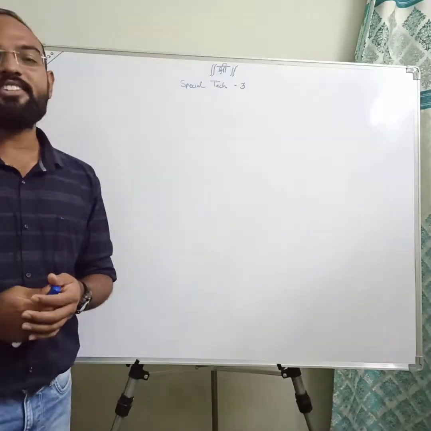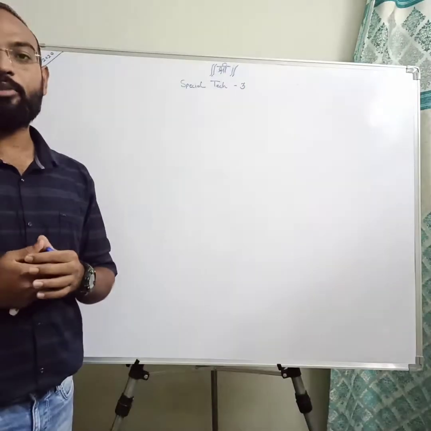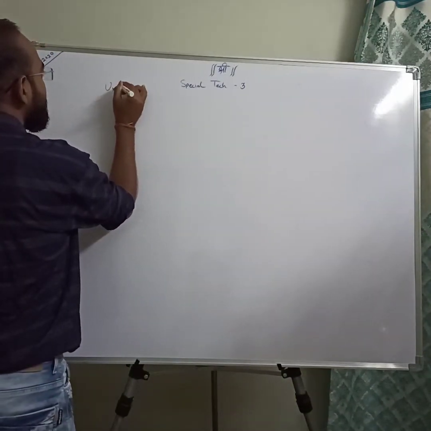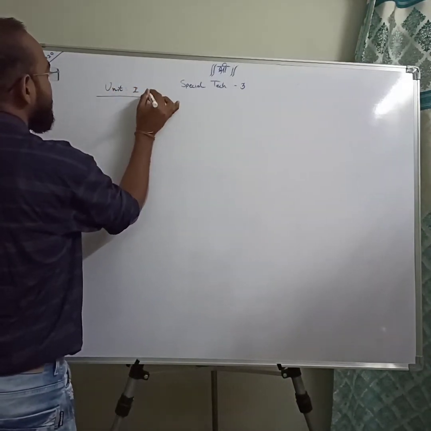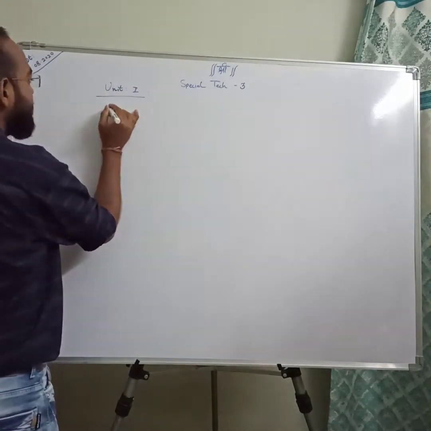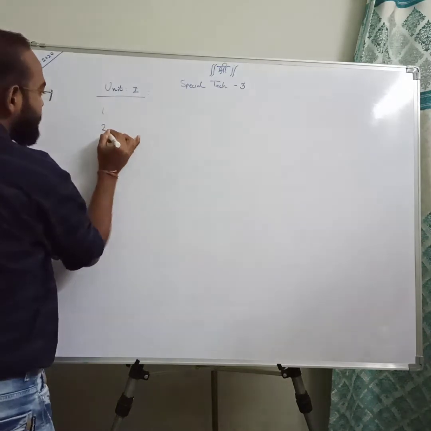Hello everyone, let's start the remaining portion of unit number 1. In our unit number 1, we will see right now pre-treatment of oilseeds. Pre-treatment of oilseeds is basically carried out in 6 different stages.